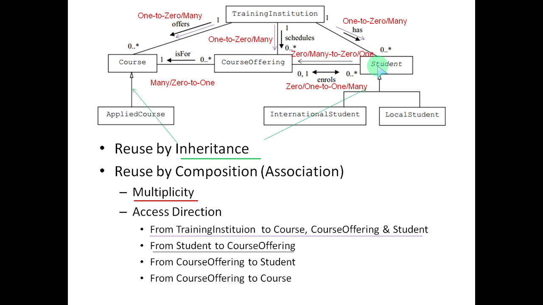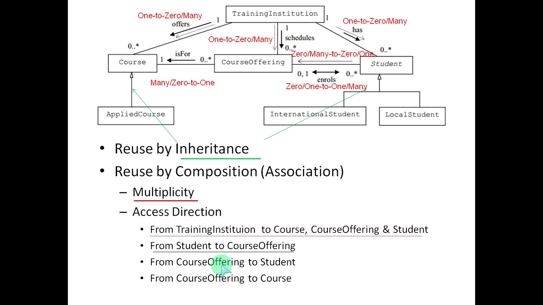So a student object will have access to a course offering object, and from the multiplicities, you know that a student can have only one course offering.